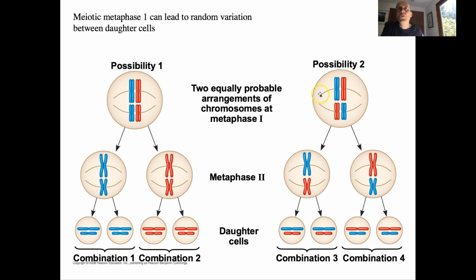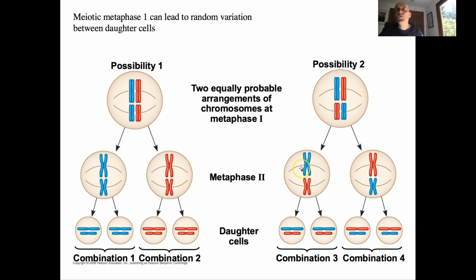And that means when they are now being separated, this one and this one go to the left, and this one and that one go to the right. So that in this combination, you end up with the two red chromosomes in one cell and the two blue chromosomes, so paternal and maternal, in the other cell. While in this possibility, it's the other way around.